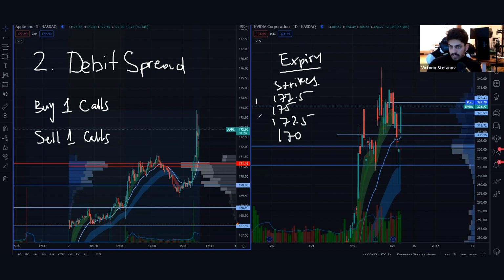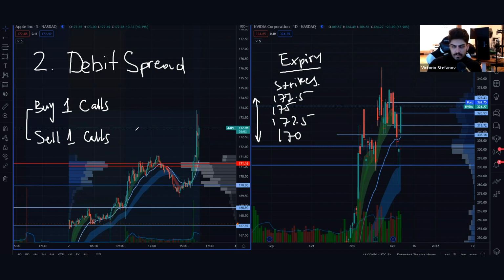These are the strikes on Apple. Now, the idea with this spread is that we are going to limit the actual premium that is costing us to get into this trade.